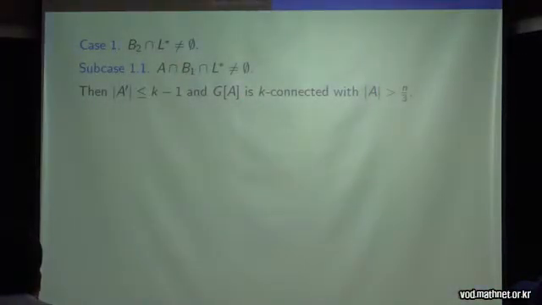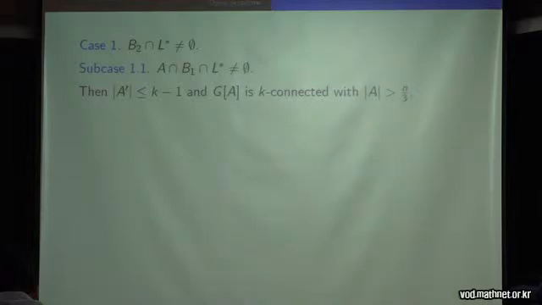So firstly, this red thing here is at least 2/3 n, and A prime is at most k minus 1. So the k minus 1, k minus 1.